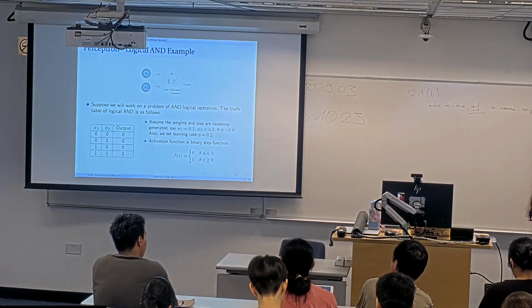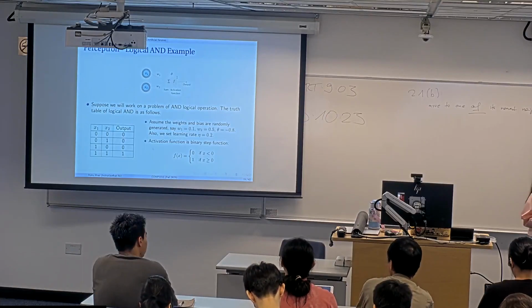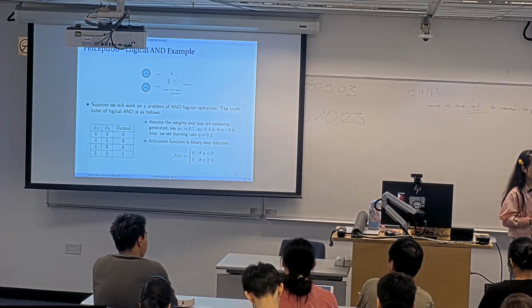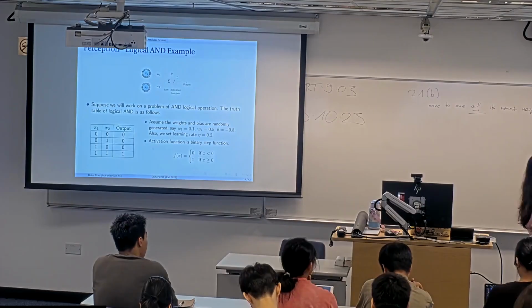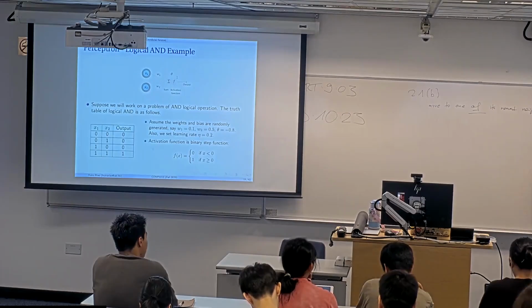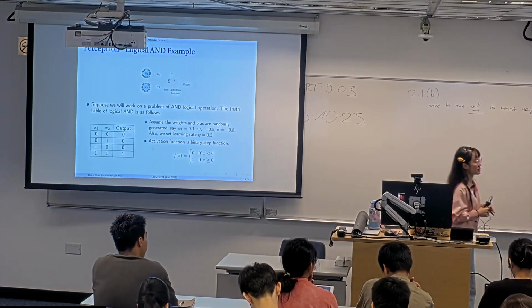That means whenever you give one data point to this perceptron, the output should be the same as the actual output. If you pass 0, 0 to the perceptron, then after all the computation, the output should be 0. For each data point, it should correctly predict that.